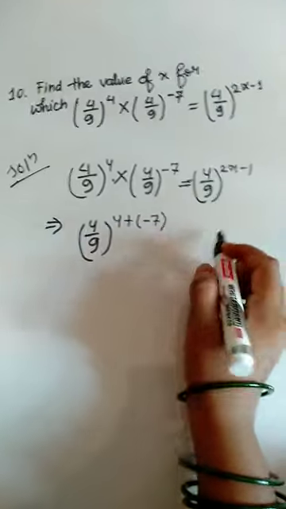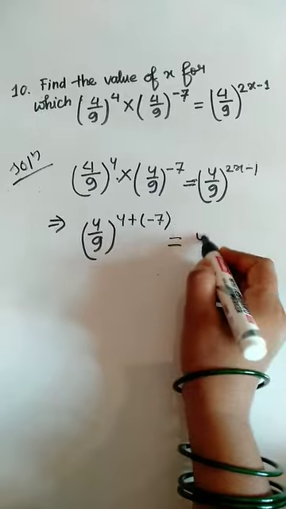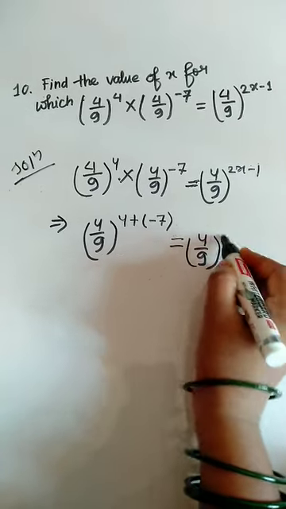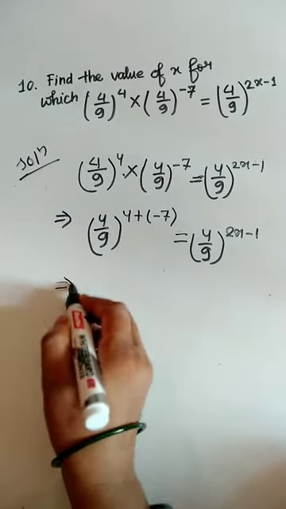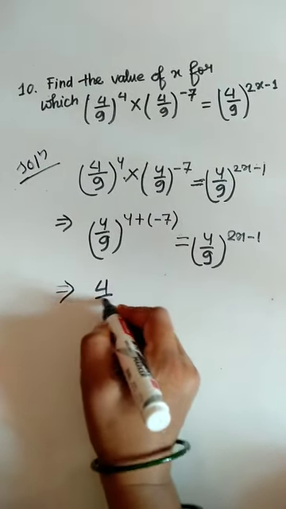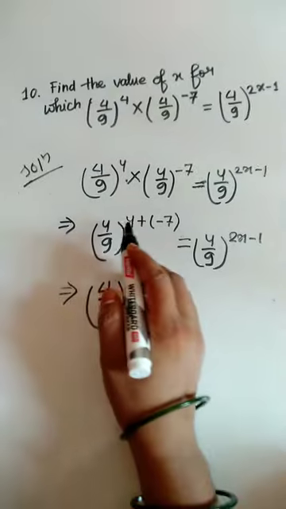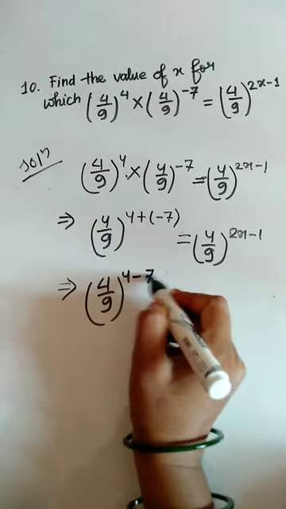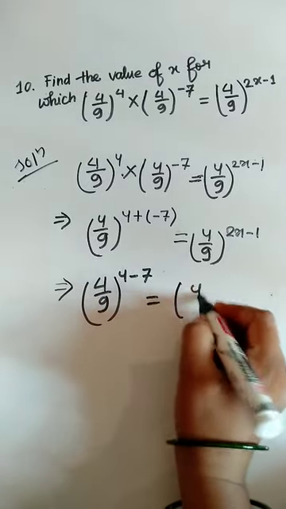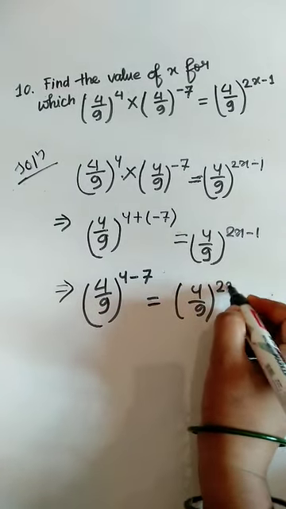So (4/9)^(4 + (-7)) = (4/9)^(2x-1). The RHS is as it is. Now (4/9)^(4 - 7) = (4/9)^(2x-1).